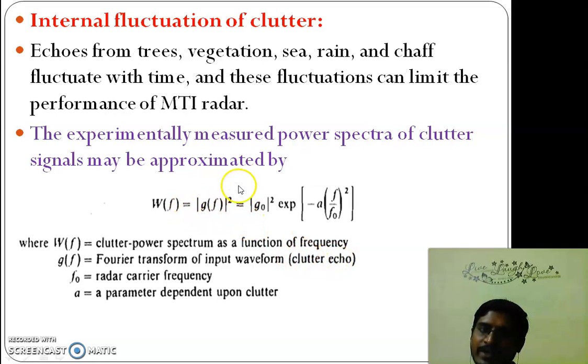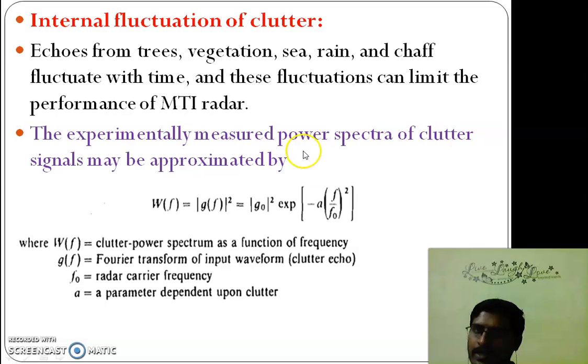If we square the Fourier transform of the clutter echo, that gives the power spectrum, which is equal to mod G naught squared times exponential of minus (a f by f naught) whole squared, where f naught is the radar carrier frequency and a is a parameter dependent upon clutter.